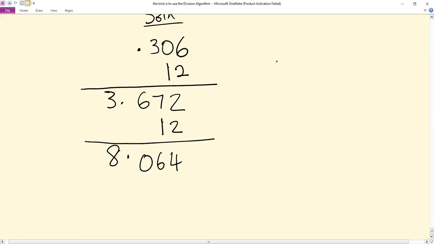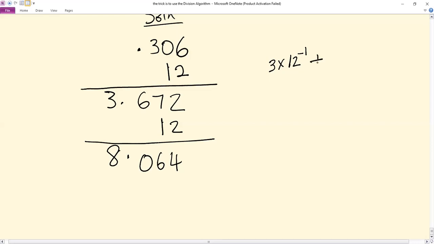So you try to test. The first digit here is 3, multiply by 12 raised power negative 1. And then 3 times 12 raised power negative 1, you get a quarter, which is 0.25, which is far away from 0.306.